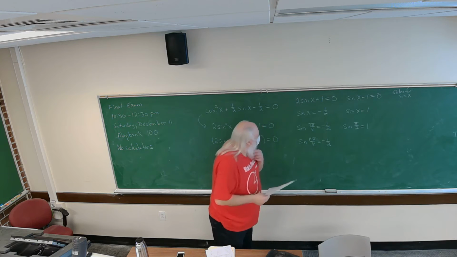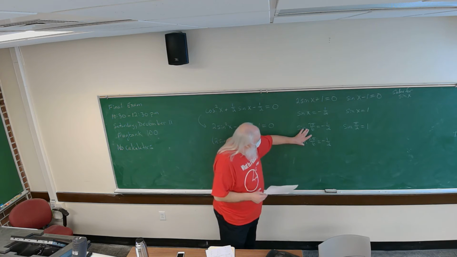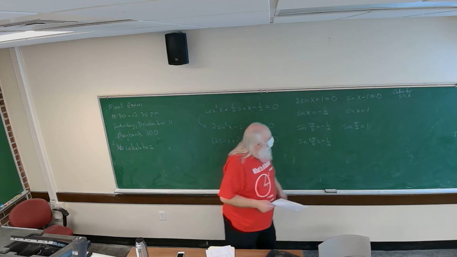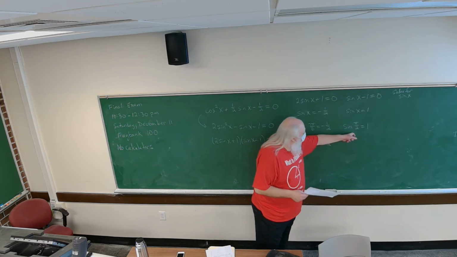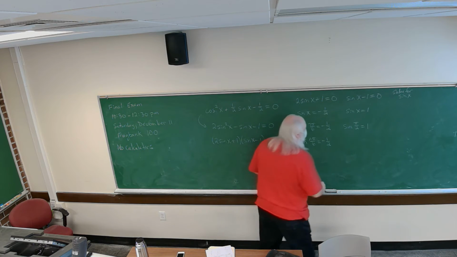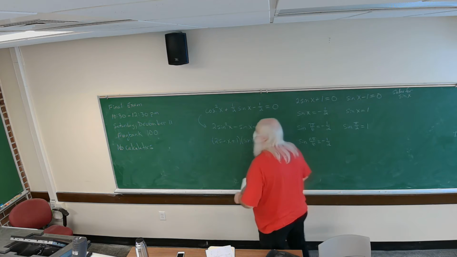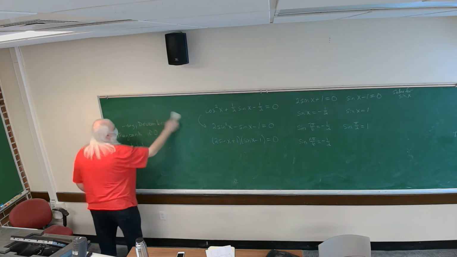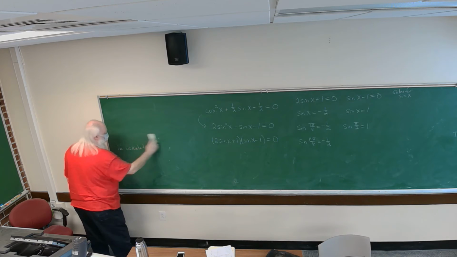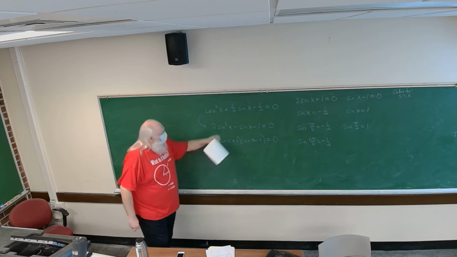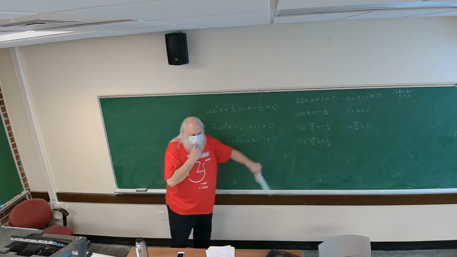So those are the three angles. These are the two angles on the unit circle where the sine function is equal to minus 1/2, and this is the one angle where the sine function is equal to plus 1. So that gives us the three angles on the unit circle that make the left-hand side of our original equation equal to 0.